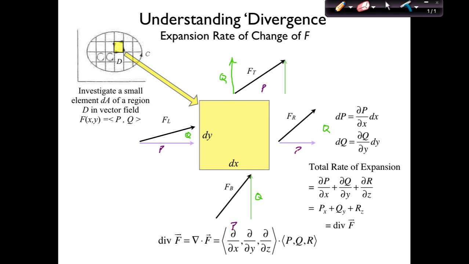But we're going to dot it with the vector field, PQR. And that's going to result in this formula here: partial of P with respect to X plus partial of Q with respect to Y plus partial of R with respect to Z. Dot product algorithm.